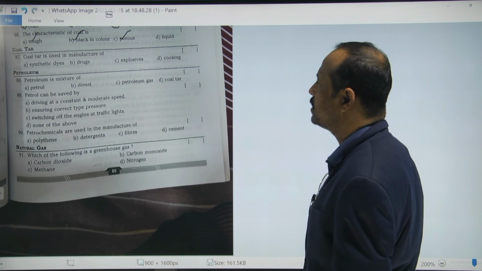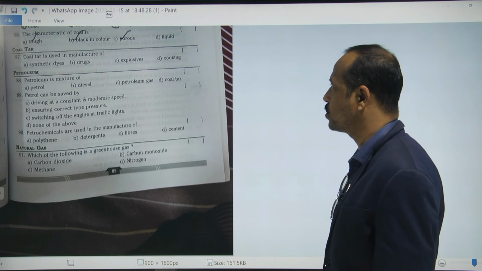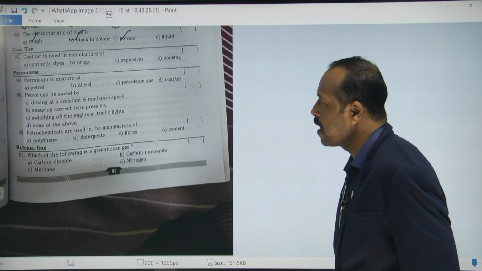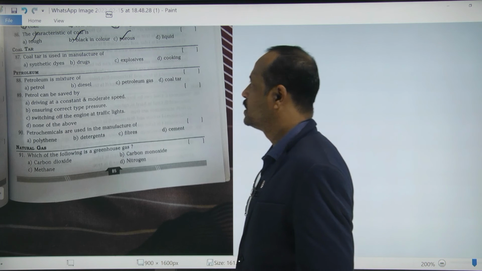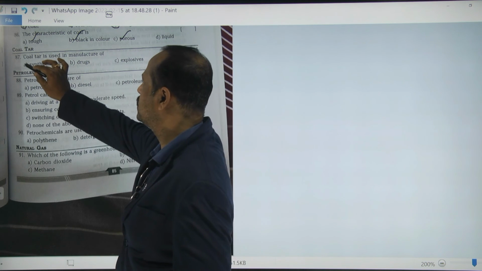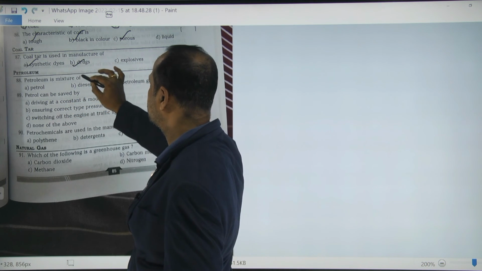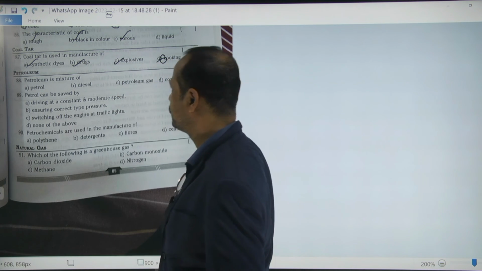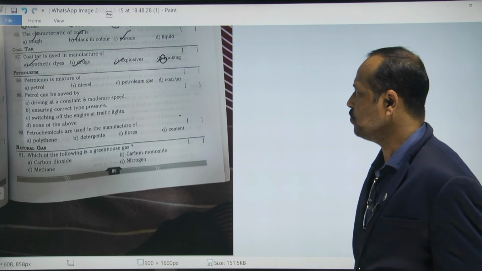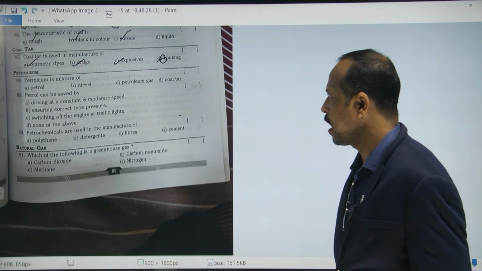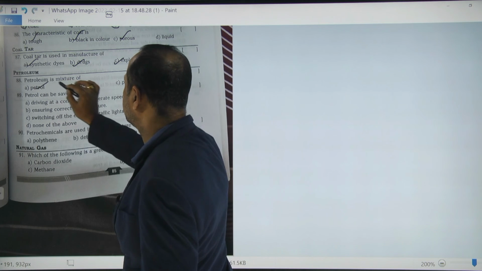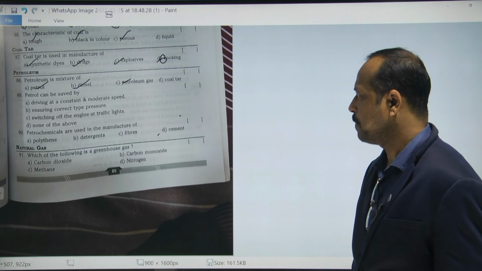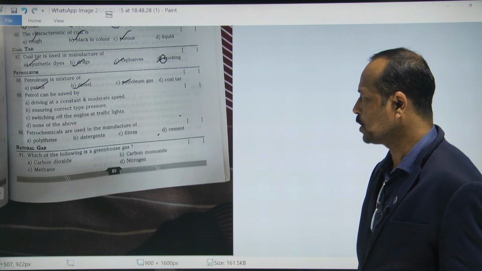Now next, coal tar is used in the manufacture of. Where can we use coal tar? Synthetic dyes, drugs, explosives, but cooking we don't use. Next, petroleum is a mixture of petrol, diesel, petroleum gas, but not coal tar. How can we save petrol?